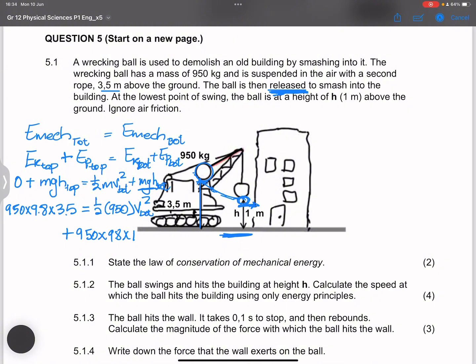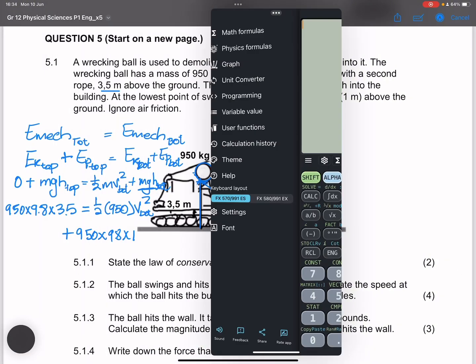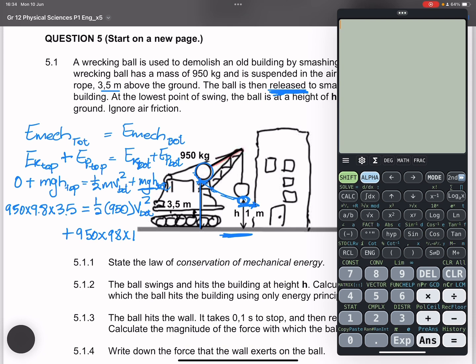So I'm just going to do all of that on the calculator. I'm going to say this is 950 times 9.8 multiplied by 3.5. I'm going to take this to the other side and minus 950 times 9.8 times 1, and we get a value there which is 23,275.